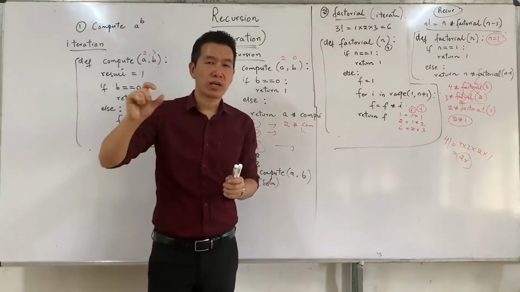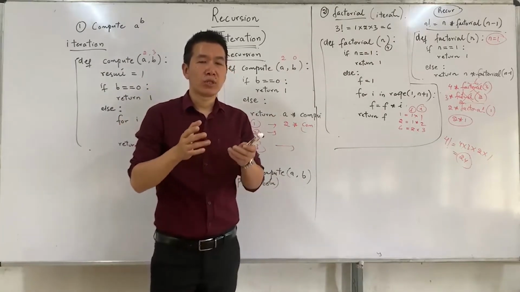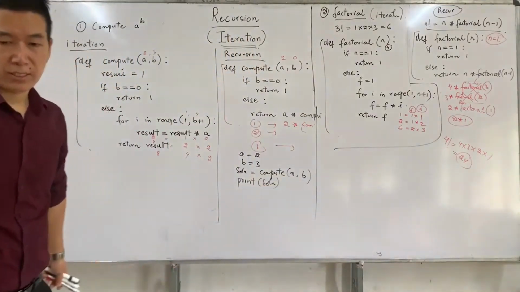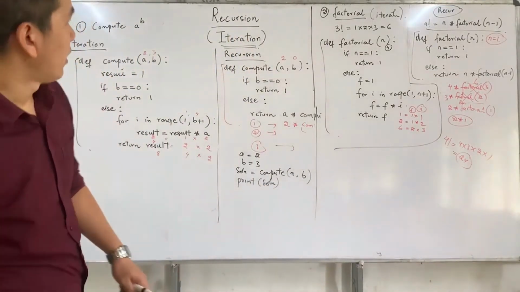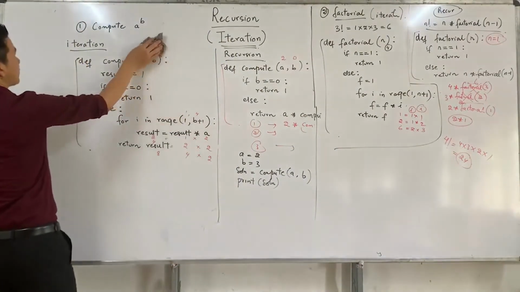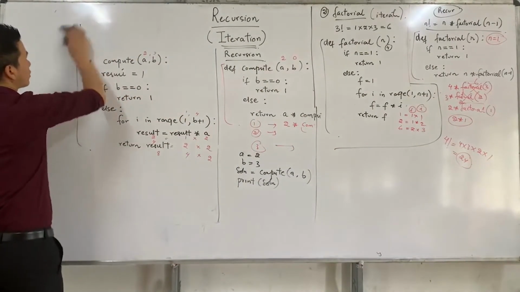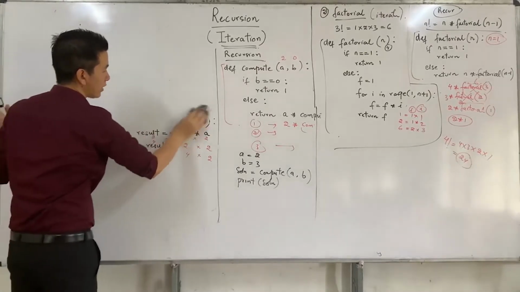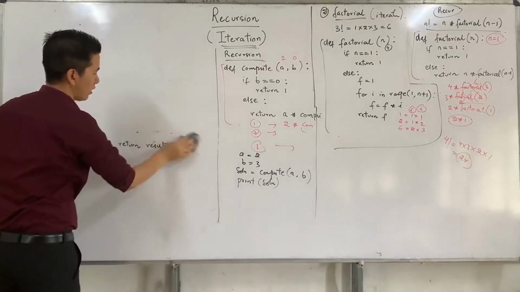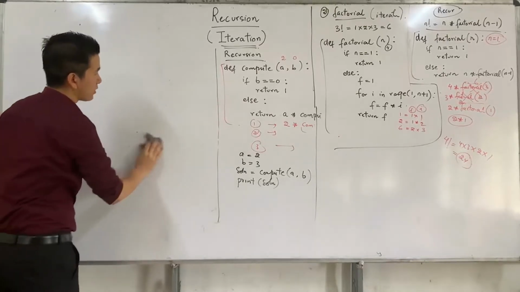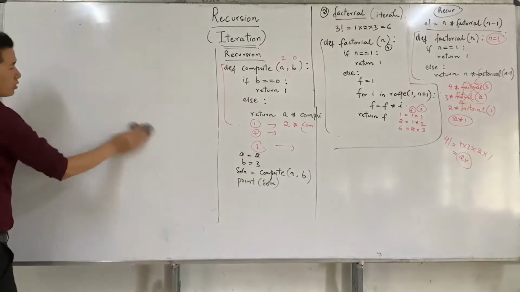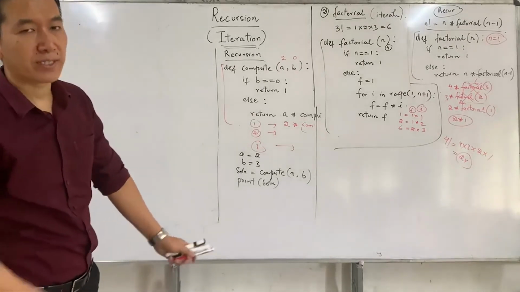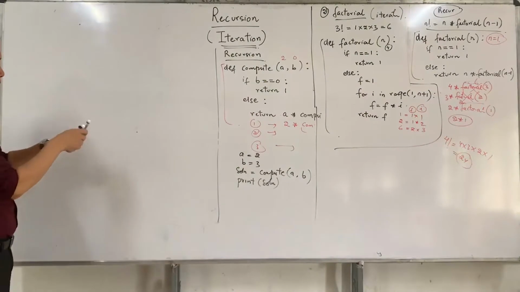Now let's do another example with which we'll directly get into the recursion function, and that is finding the GCD, finding the greatest common divisor. Or you have another term for this, greatest common factor, greatest common divisor, or our very own term of HCF, highest common factor. So they all mean the same thing.